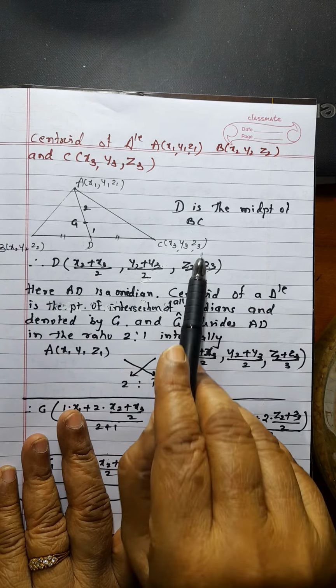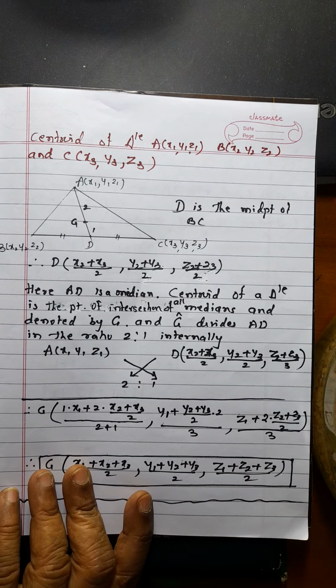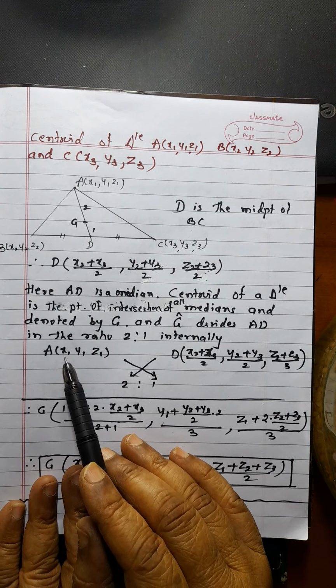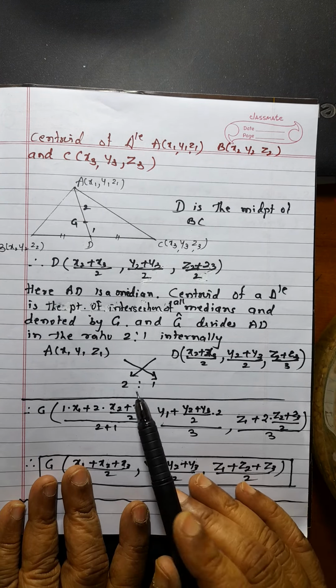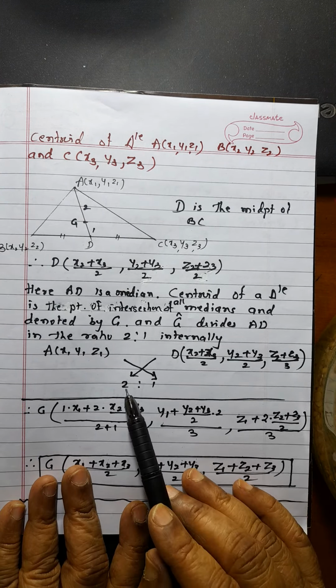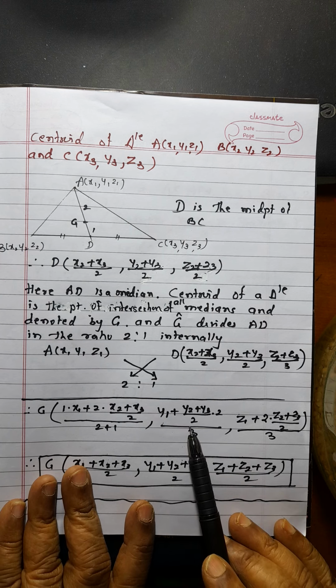Here AD is the median. The centroid of a triangle is the point of intersection of all medians and is denoted by G. G divides AD in the ratio 2:1 internally. So A is here, D is here, first A then D, and the ratio is 2:1. So cross multiply: x1 into 1 plus 2 into (x2 plus x3) upon 2, divided by this plus this. The y coordinate will be this into this plus 2 into this divided by this plus this.